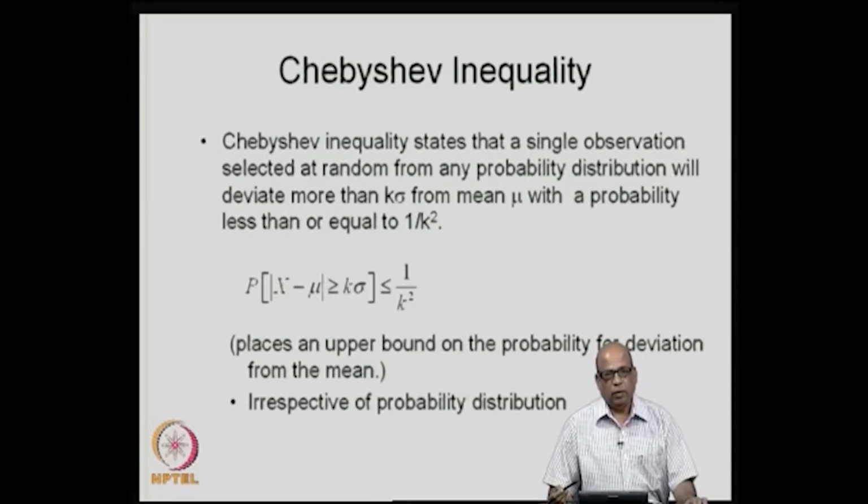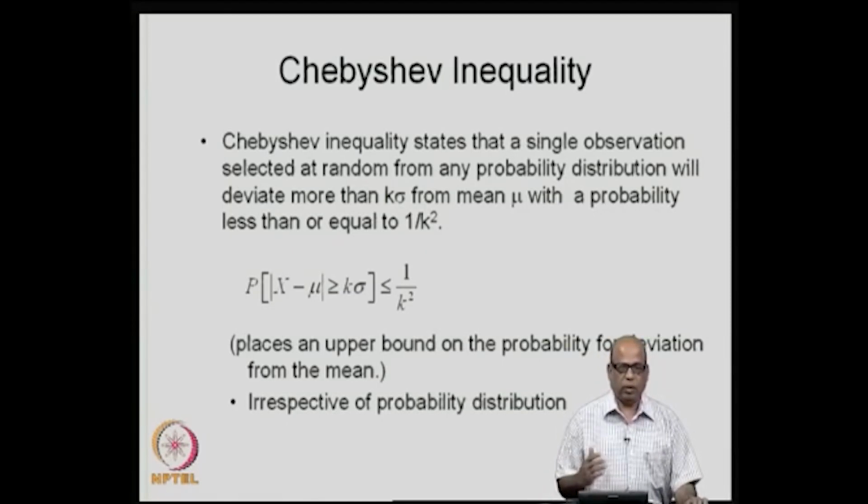Now, we come to an interesting result called the Chebyshev inequality. See, what we did just now is to estimate the parameters. So, we had a probability density function given, and then we were estimating the parameters. Now, once we estimate the parameters for a given sample, you have the complete description of the probability density function, and therefore, the CDF, the cumulative distribution function in place, and then you can talk about various probabilities.